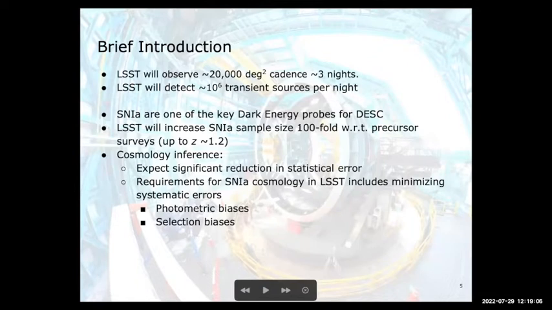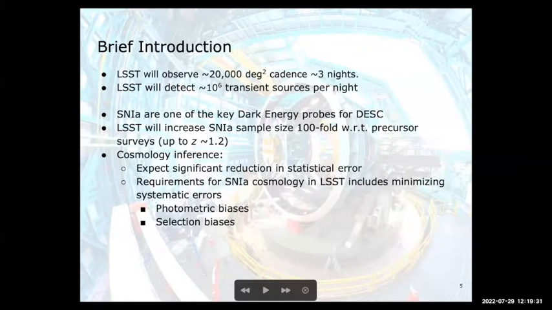A relatively high number of them are going to be SN1A. And after the 10-year survey, we're going to have 100 times more SN1A than we currently have with current experiments. This means that the statistical errors are going to decrease by 10. So now we have to control the systematics. That's the real task for us. And there are photometric biases and selection biases.